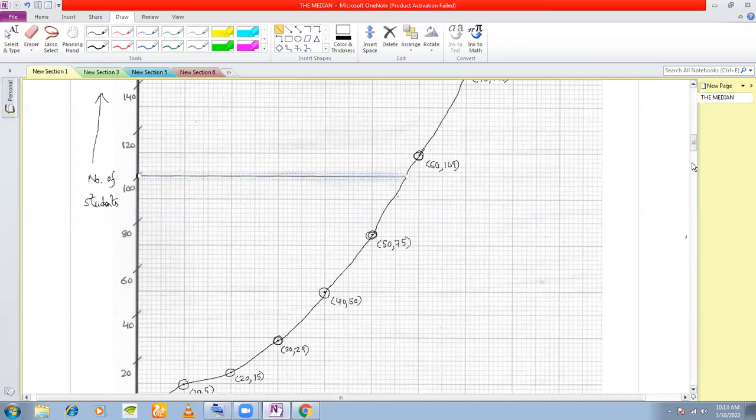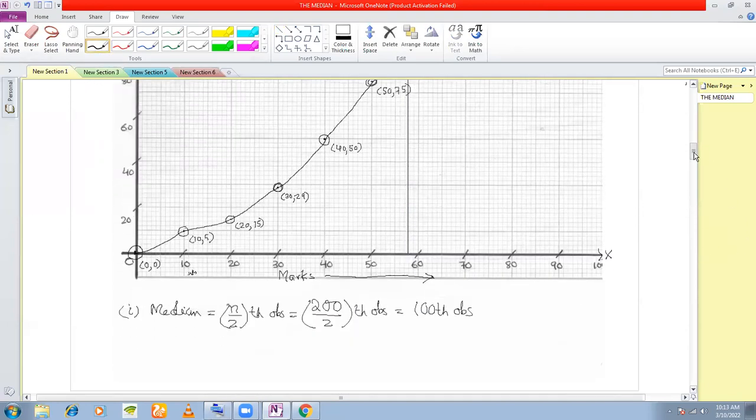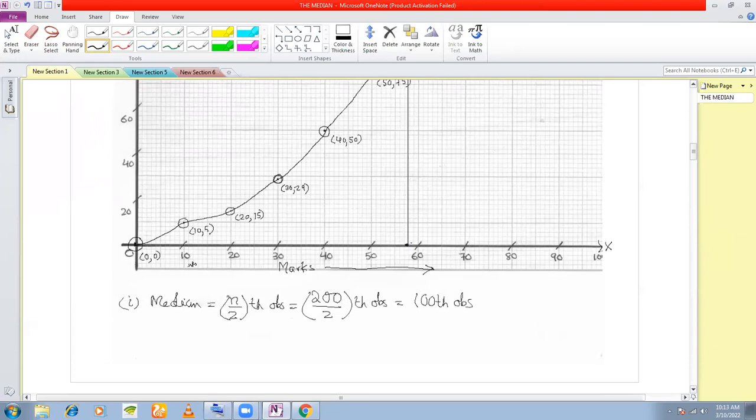Once we have joined it with the curve, at this point of intersection of this straight line with the curve, we drop a perpendicular on the x-axis, right? So once we have drawn this perpendicular on the x-axis, this point will give us our median, which is the 100th observation.